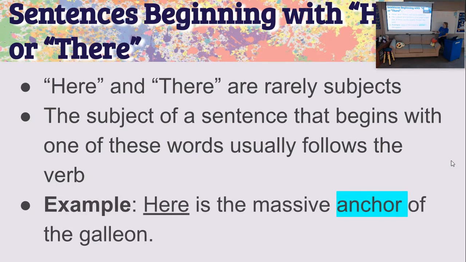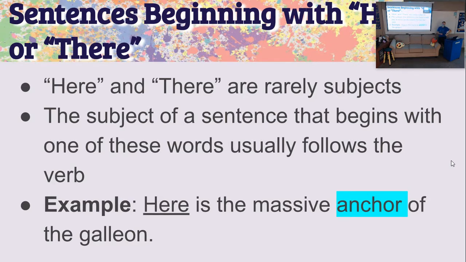So here would be an example. Okay, so this sentence starts with the word here, but here is not our subject. Okay? So the sentence reads, "Here is the massive anchor of the galleon." Okay? Anchor is our subject. Where's our verb? Tricky. Where's our verb at, Creighton? It is this. Do you remember what kind of verb that is, Creighton?